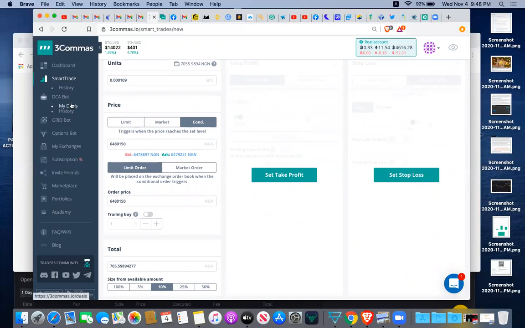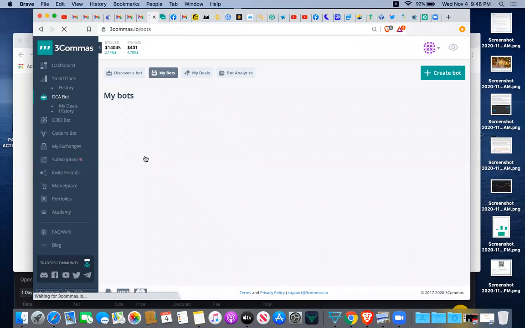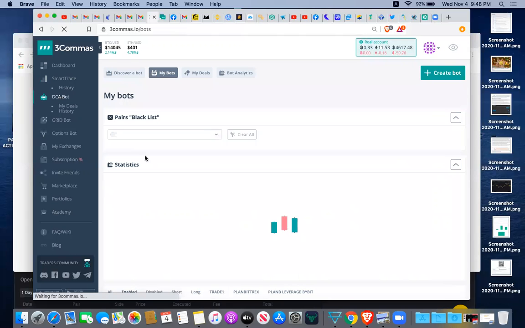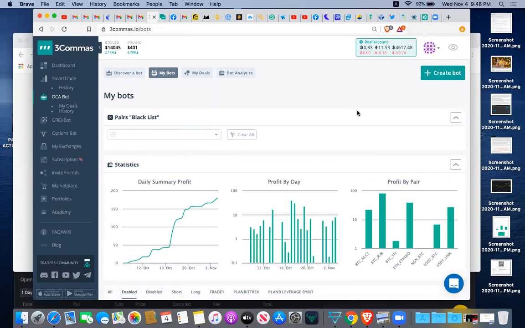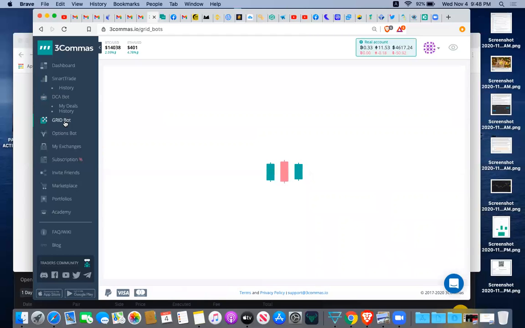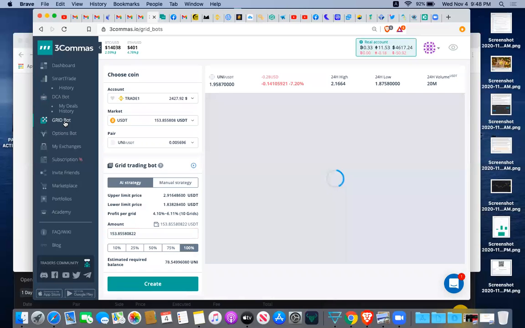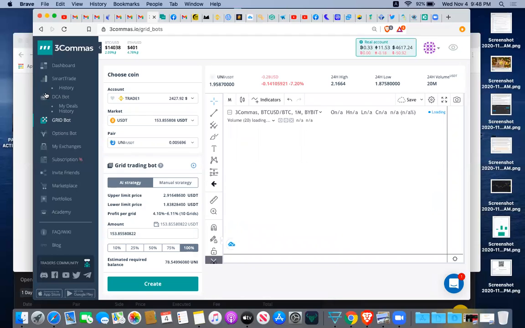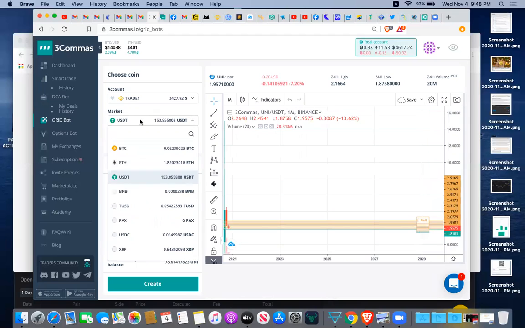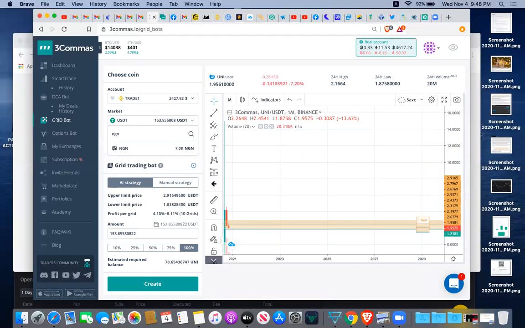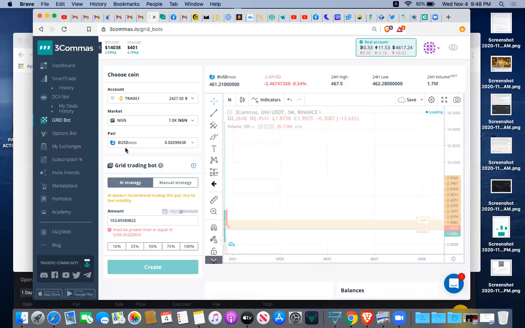Okay, let me check something first here. Yeah, I actually expected Bitcoin to hit maybe 14.4, 14.5 before dropping down, just like I said before. Okay, NGN.